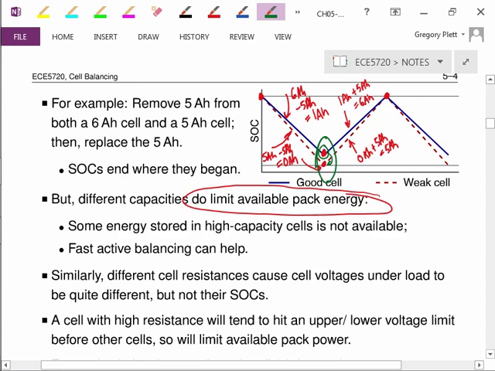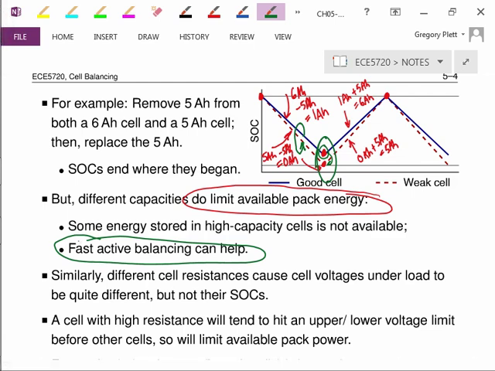But if I do active balancing, where while I'm discharging, I'm moving some charge from that cell to that cell, it would bring both of them together, so the state of charge would be more equal for the two cells, and I could get more energy out of the battery pack. So if we can do active balancing quickly, it's possible to get more energy out of the battery pack than if I don't do any balancing.